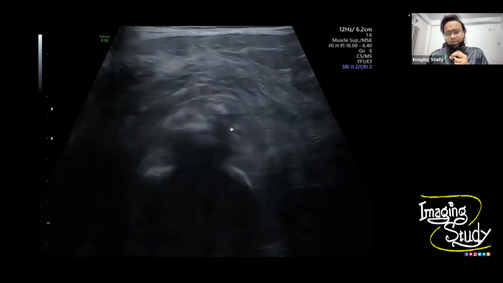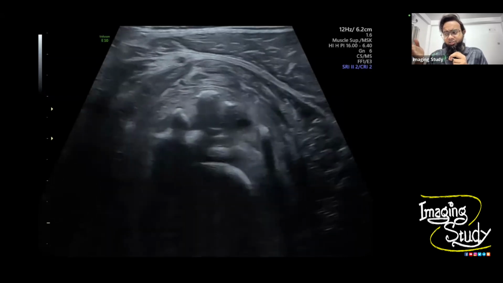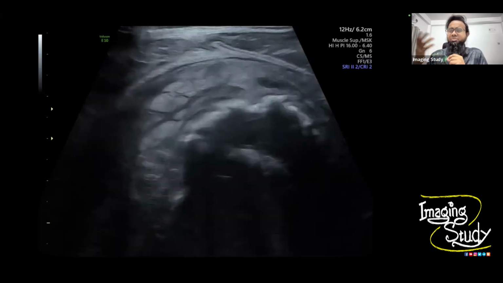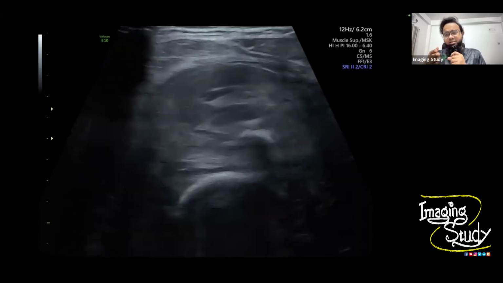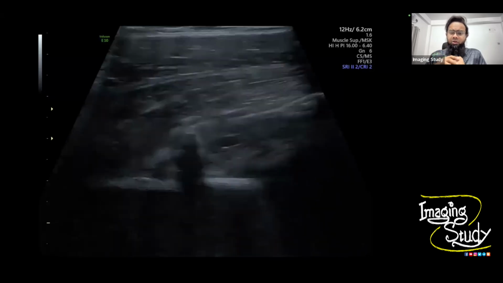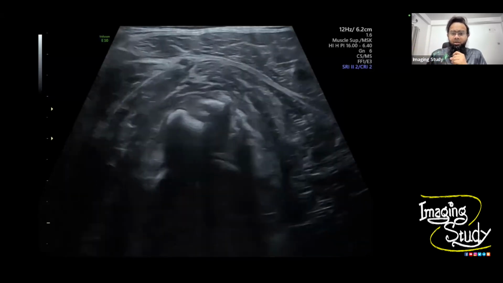We usually see the hematoma as echogenic in the early stage, then it turns hypoechoic, then anechoic, then it may get calcified. So you can see calcification, anechoic areas, and also some hypoechoic areas. So this is actually a hematoma of variable ages.